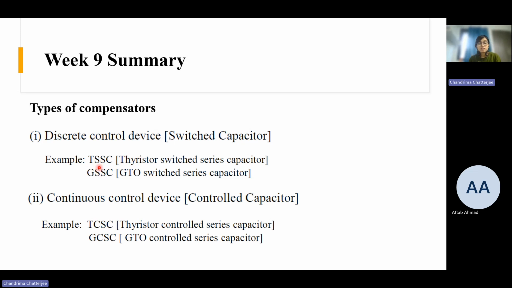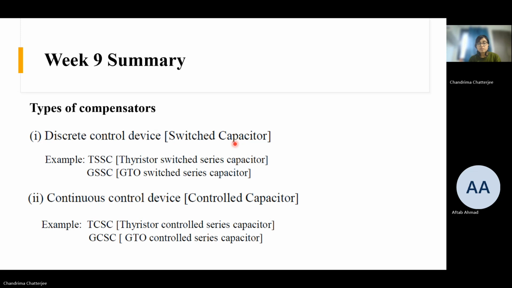There are two discrete control devices, TSSC, which is thyristor switched series capacitor, and GSSC, which is GTO switched series capacitor. Now, why is it called discrete? Because here there is no control. GTO is a type of thyristor actually.